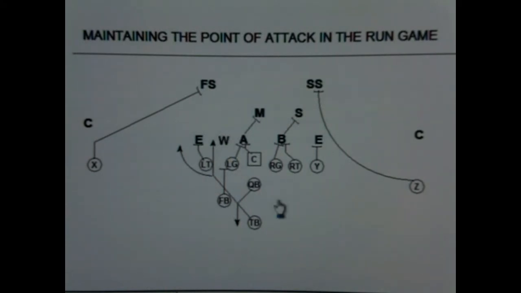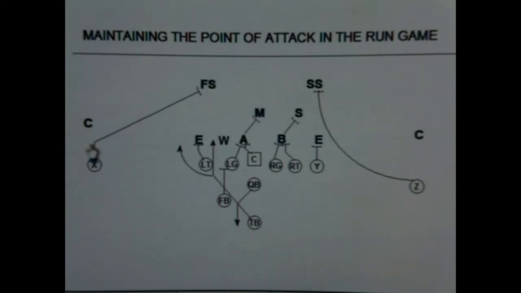We call that play lion, lead lion, okay? But if we have that B gap occupied at the line of scrimmage, we're going to make an adjustment at the line of scrimmage with two players, the fullback and that left tackle. Everybody else is going to maintain what they're doing.